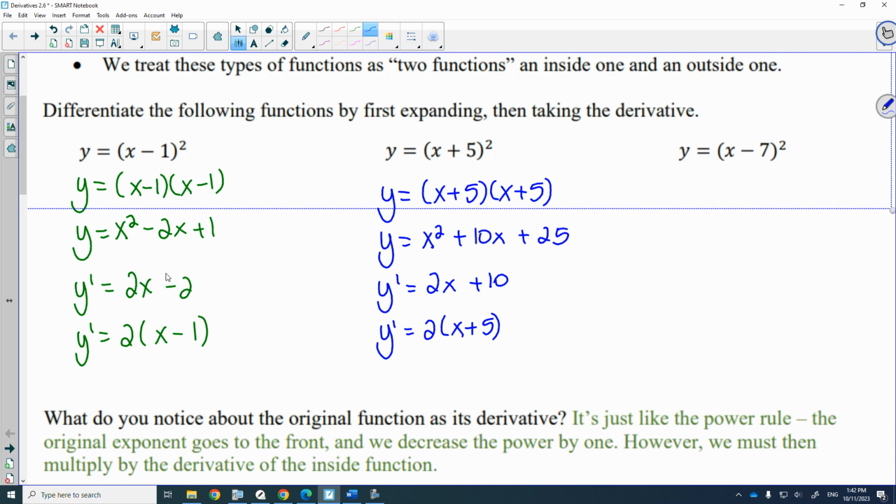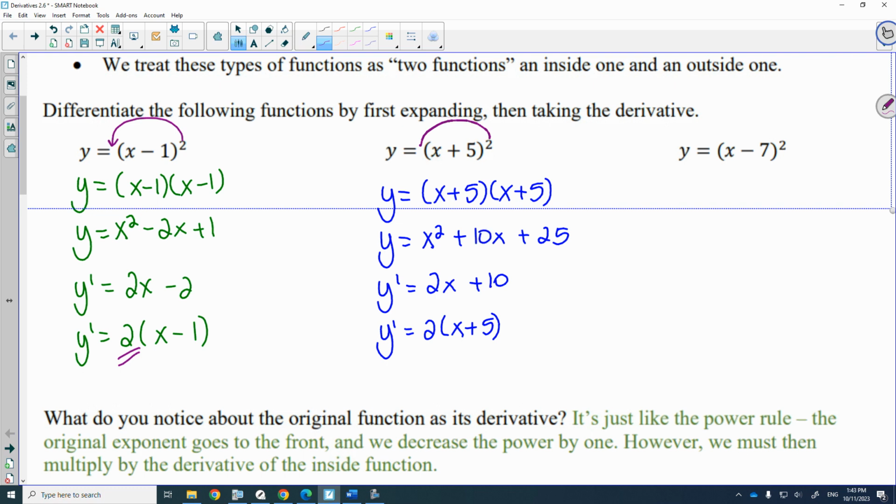So for example, (x minus 1)(x minus 1), (x plus 5)(x plus 5). What do you think the bracket's going to be in this one? x minus 7. And then this 2, do you know where that came from? It probably came from here, right?